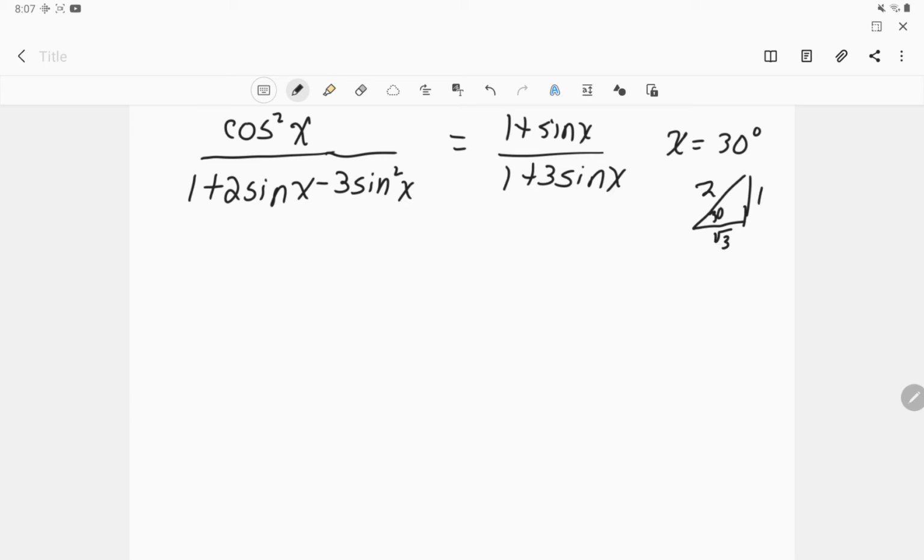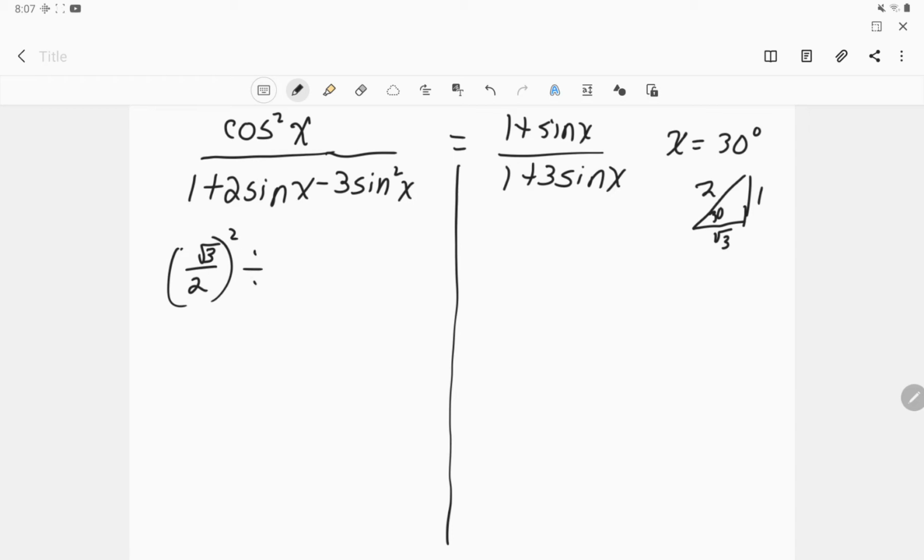Okay? So if I'm going to prove this for a 30-degree triangle, we're going to do cos squared of 30 degrees. I'm not going to bother to write that out. So cos of 30 degrees is root 3 over 2, adjacent over hypotenuse, squared.